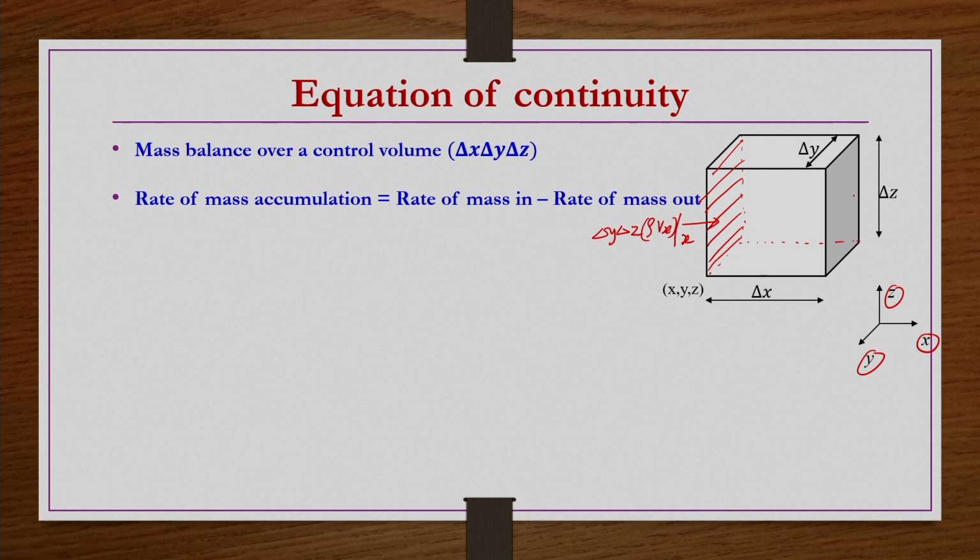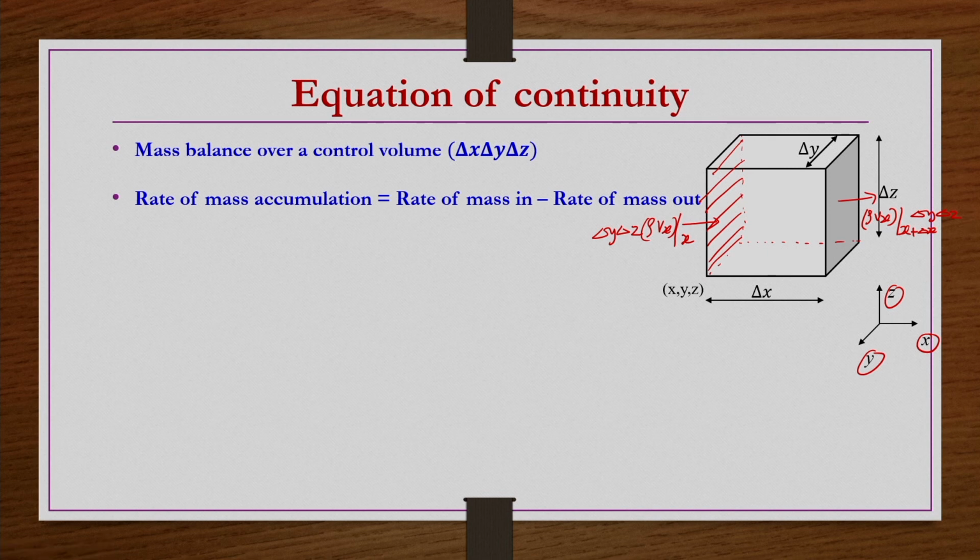Similarly, the rate of mass going out in the x direction, at location x plus delta x, is rho Vx at x plus delta x multiplied by the area of the face through which it is leaving, which is delta y, delta z.